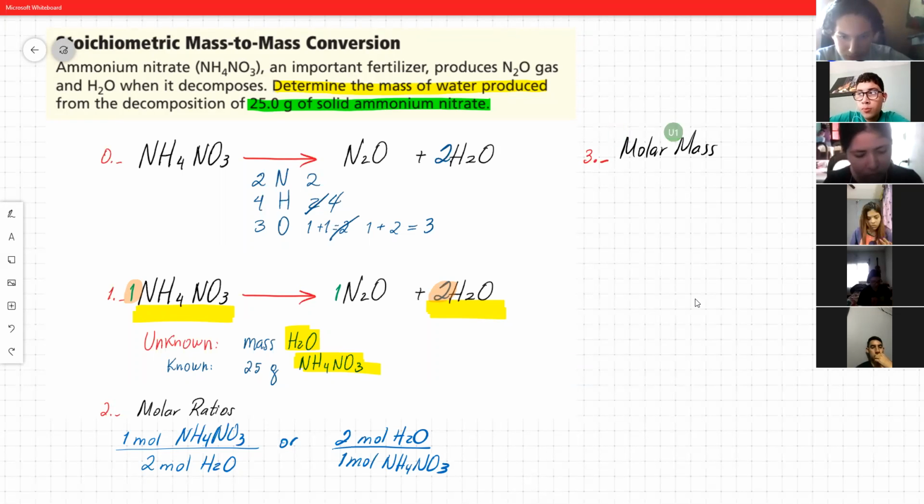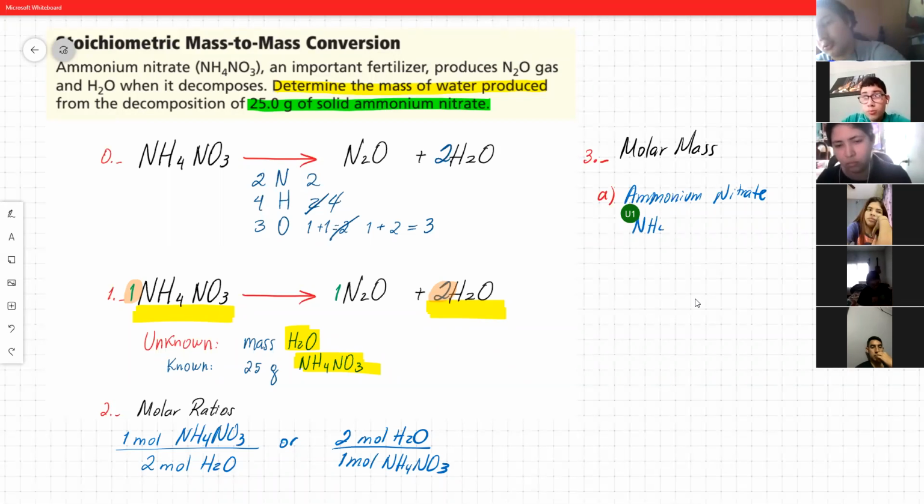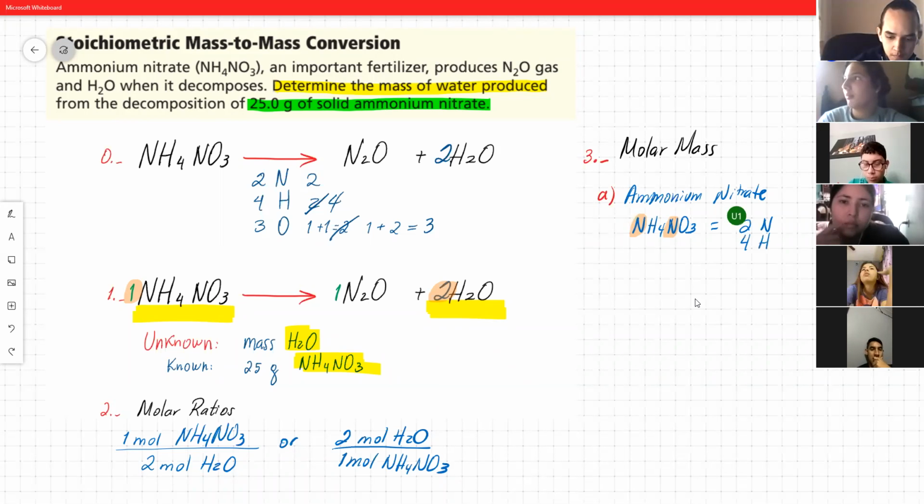So on substance A, I'm going to call ammonium nitrate. The formula is NH4NO3, which gives me 1 plus 1, 2 nitrogens, 4 hydrogens and 3 oxygens.